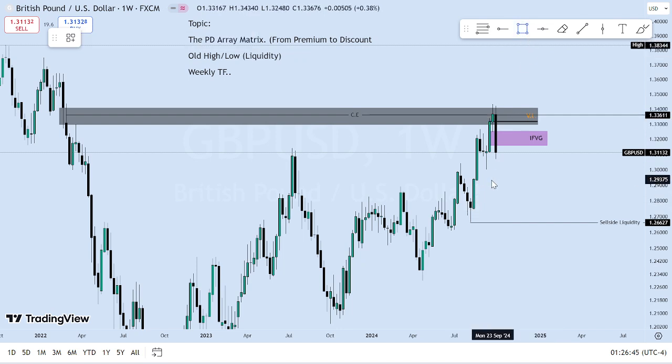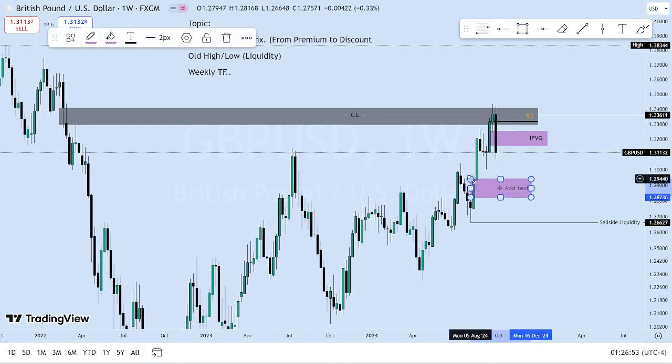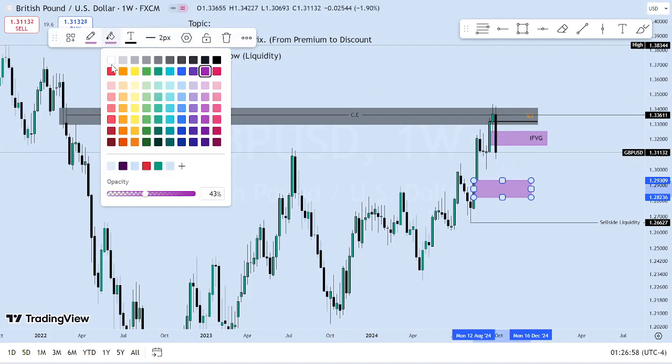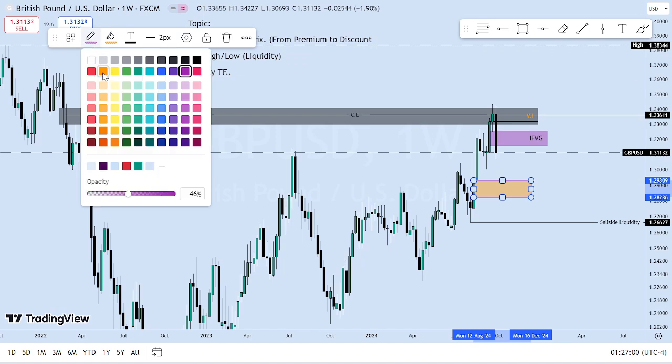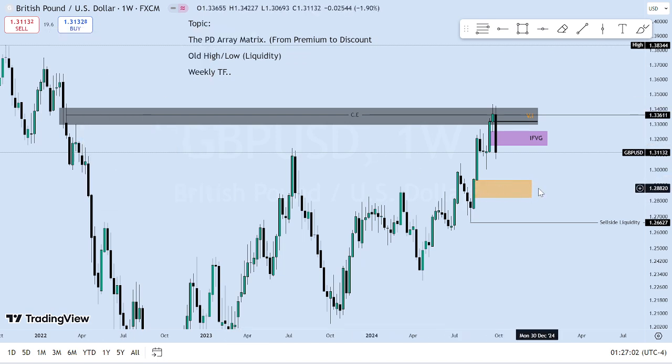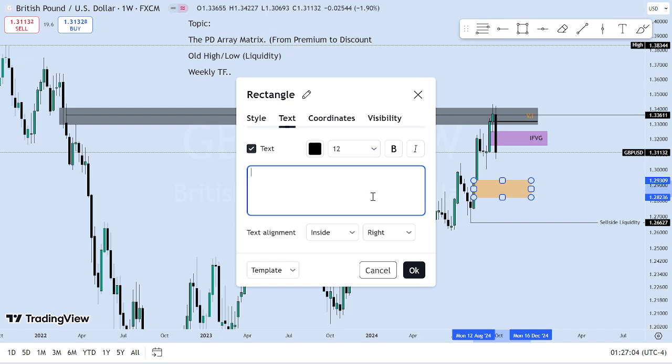There is an inefficiency there, standing as a discount area below price, discount area. Above price, resistance, that's premium. Yeah, it's an inefficiency, fair value gap, buy side imbalance, sell side inefficiency.